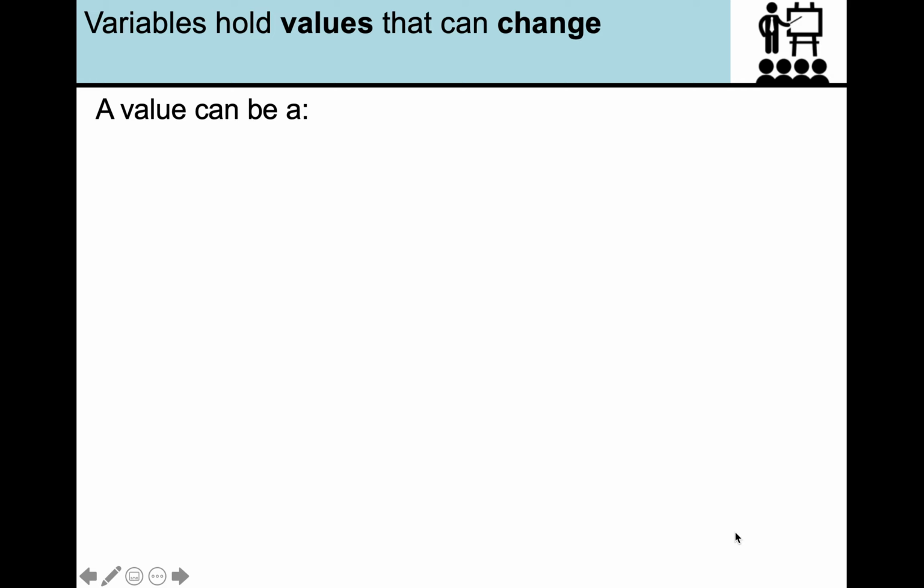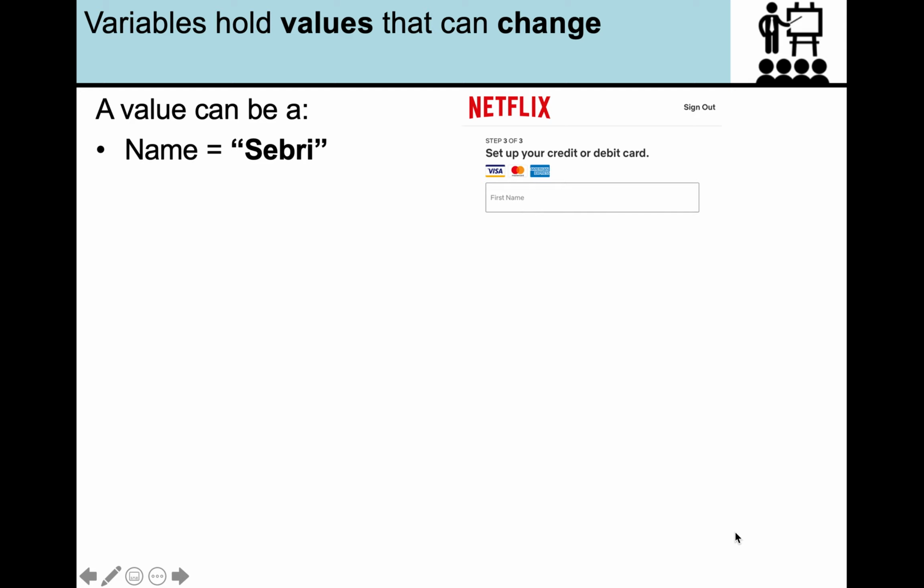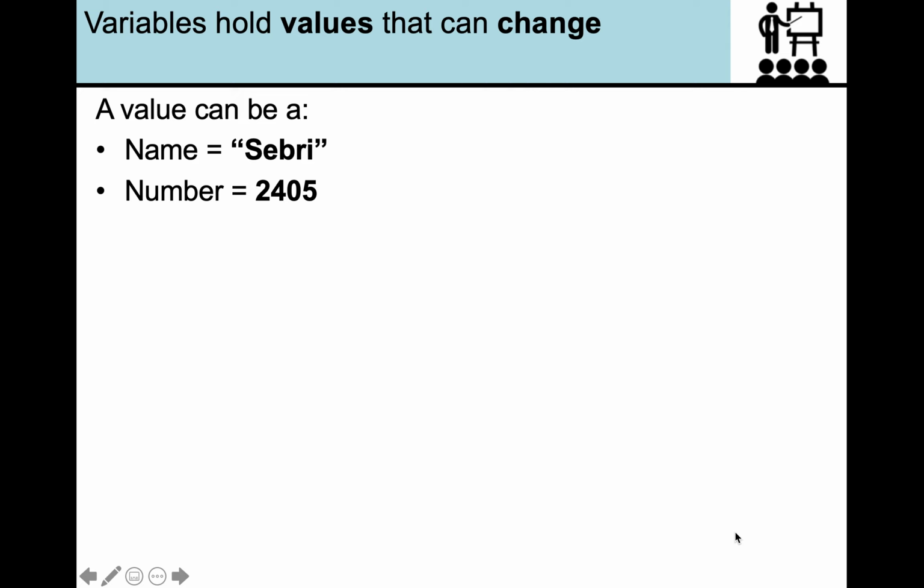So what could a value be? Well, a value could be a name, like Sebri. So if you think of when you sign up for Netflix, you have to enter your name. That name is a location in memory, and it's going to hold a value that could change, which could be Sebri. It could be a number, like 2405, and you might have a calculator, and every time you enter that number into a calculator, it needs to be held in memory, so it's held in a variable.